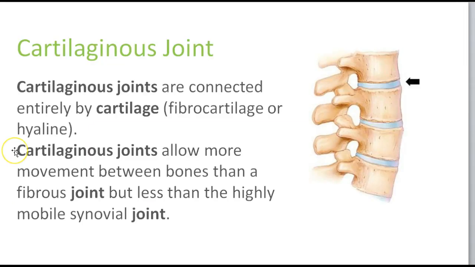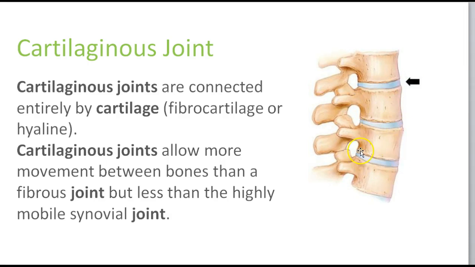Again, looking at cartilaginous joints, they are connected entirely by cartilage, fibrocartilage or hyaline cartilage, and cartilaginous joints allow more movement between bones, and hence that's why they're in our vertebrae, so that we can move from side to side, backwards and forwards. This is a nice picture of nice, evenly distributed cartilage there.